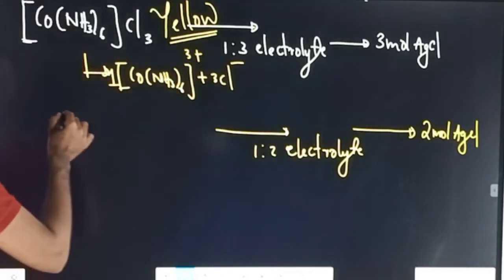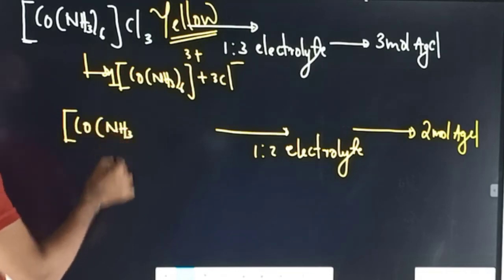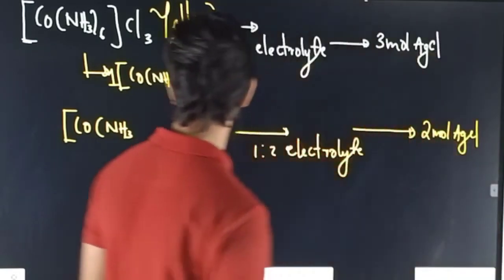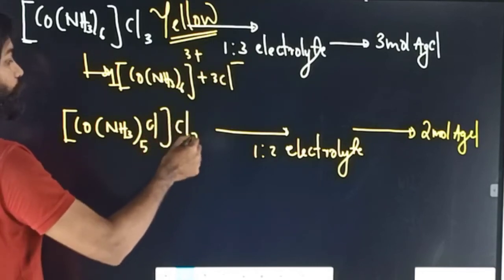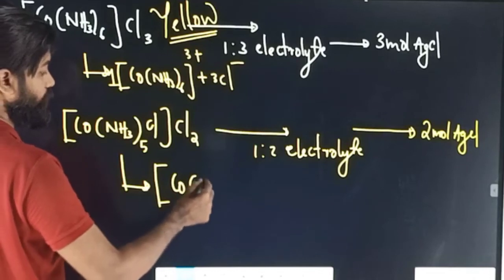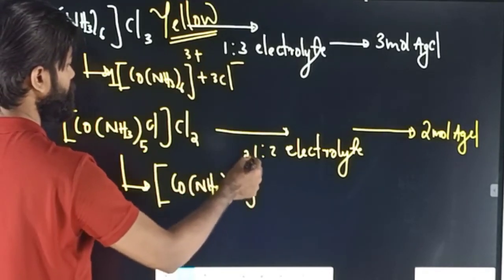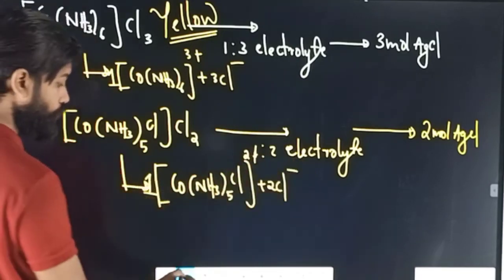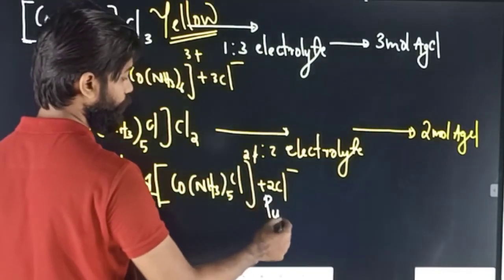And he formulated that the formula will be [Co(NH3)5Cl]Cl2. Okay, then only it may satisfy like this: [Co(NH3)5Cl]2+ plus 2 Cl minus. So this belongs to the 1:2 type. And this one has a color of purple.